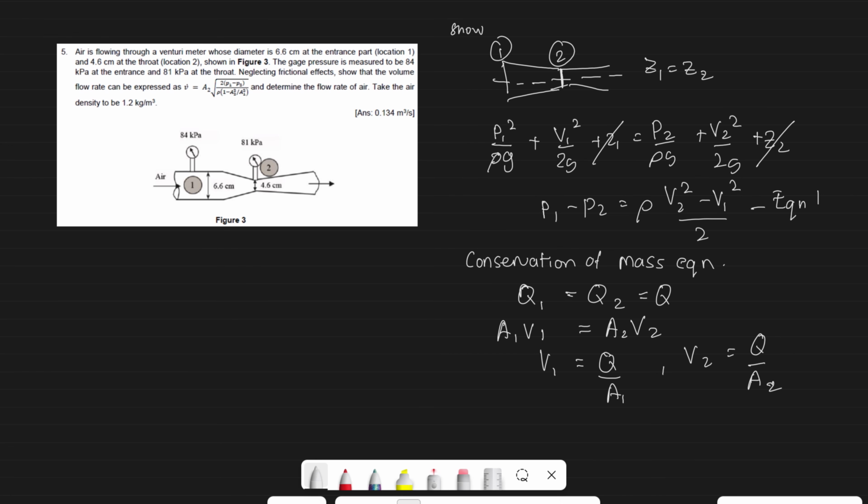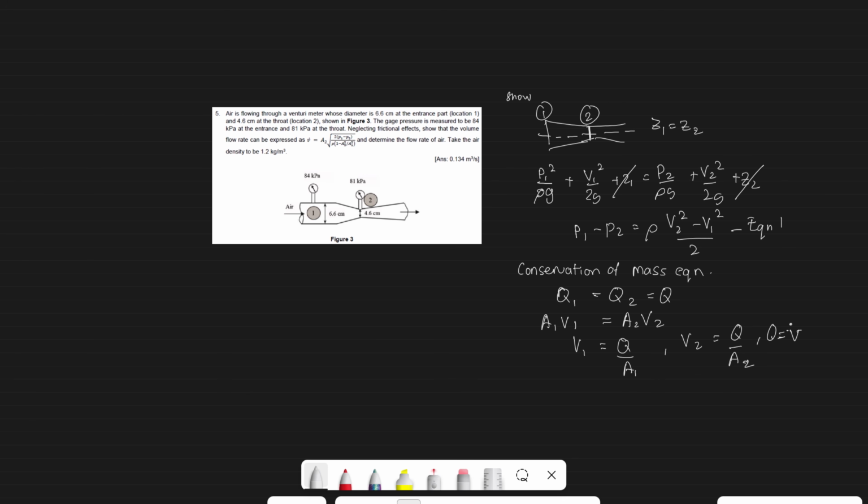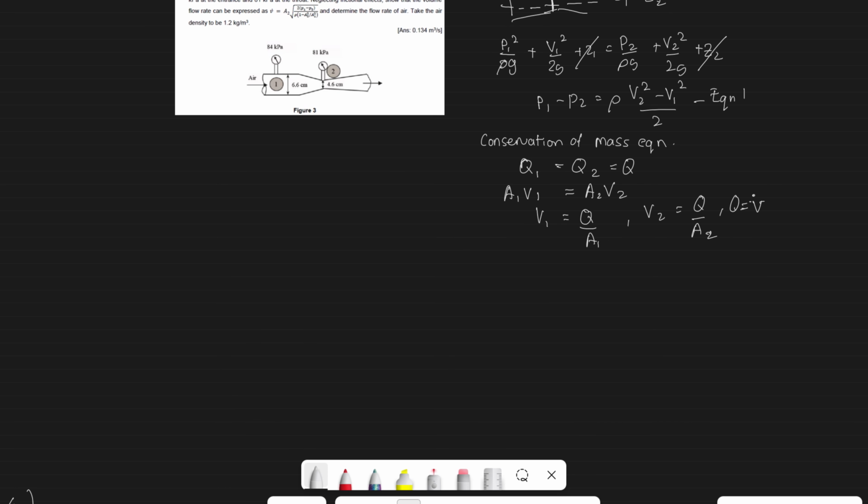So here we got the Q. Q is another way to write V dot, the flow rate. Okay, so we substitute these two into equation 1.